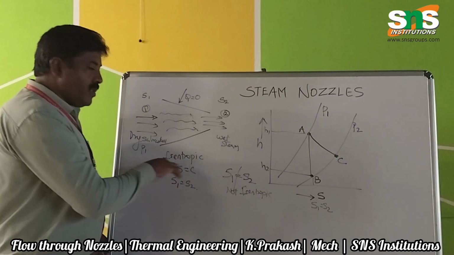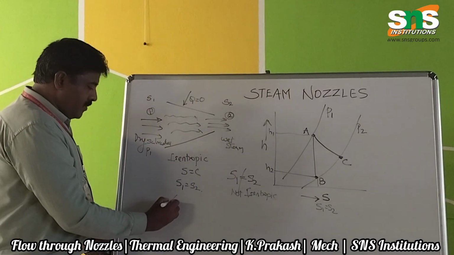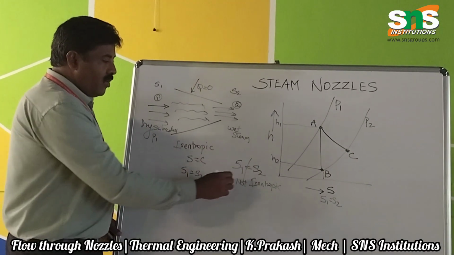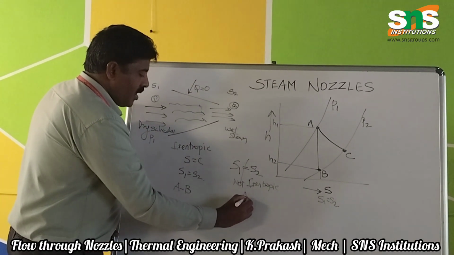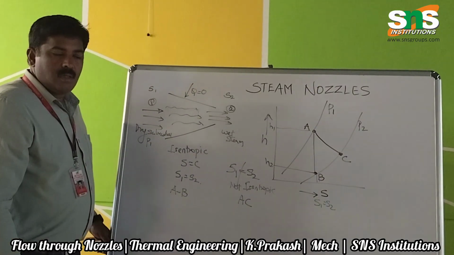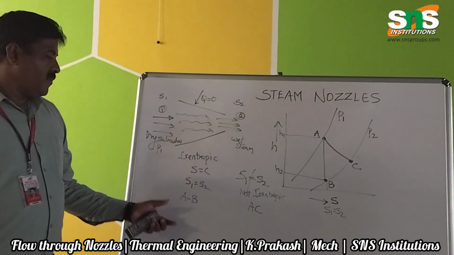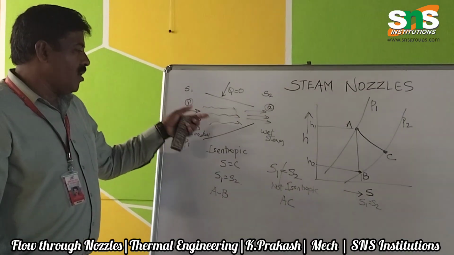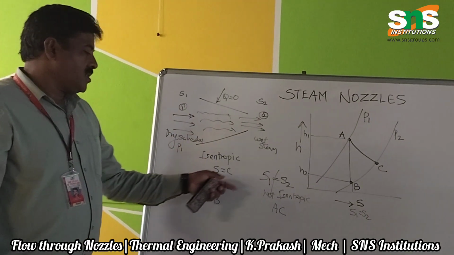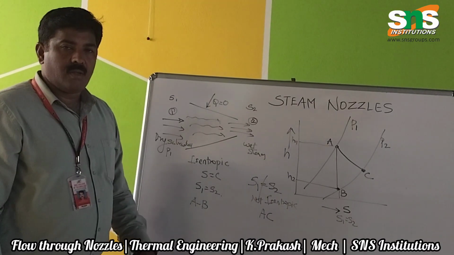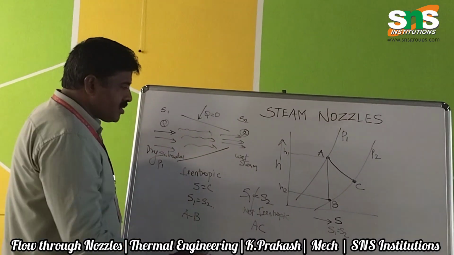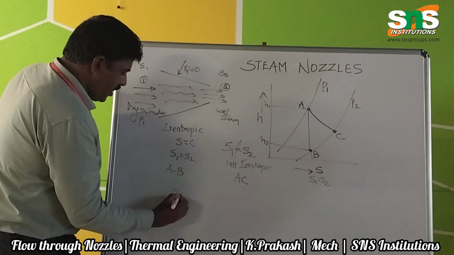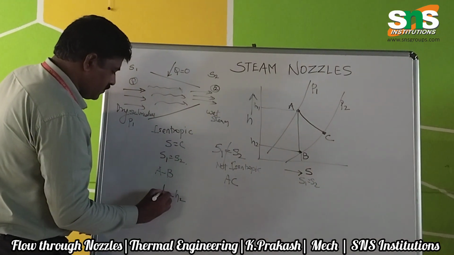So when the flow is isentropic, it is represented by A, B, whereas the flow when it is not isentropic is represented by A, C. So what we come to know is that when steam flows through the nozzles, in real cases the process will not be isentropic. From this we can conclude, this is H1 minus H2.